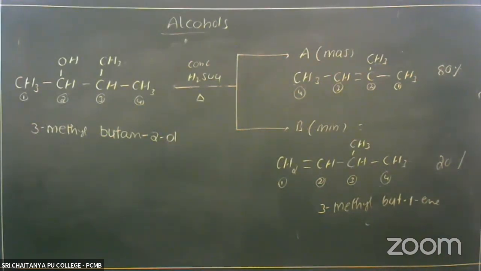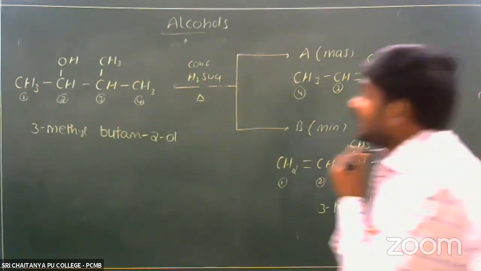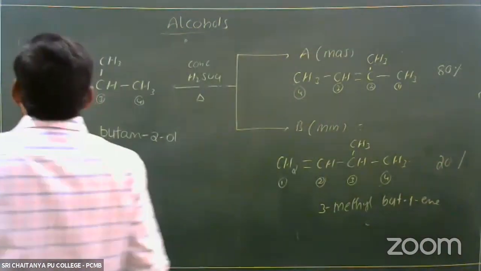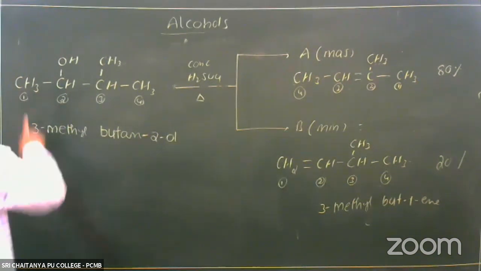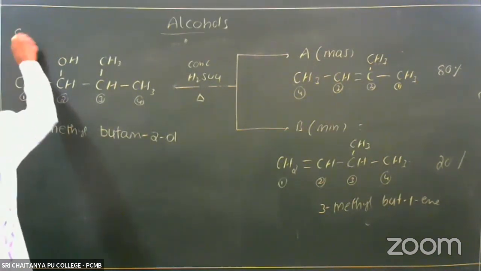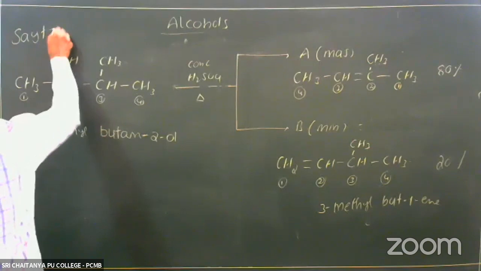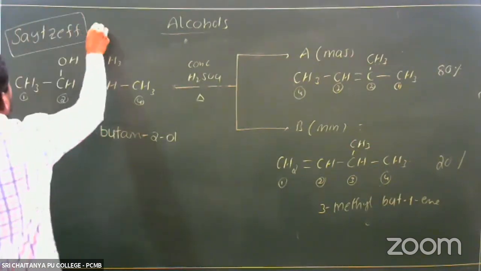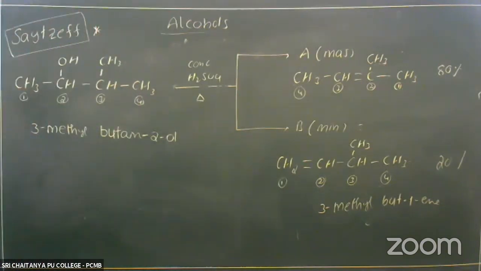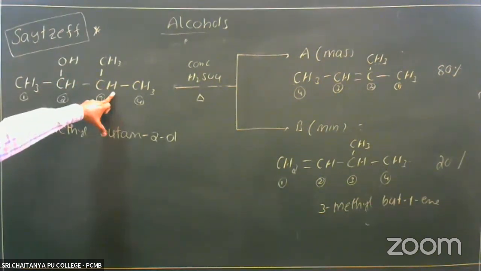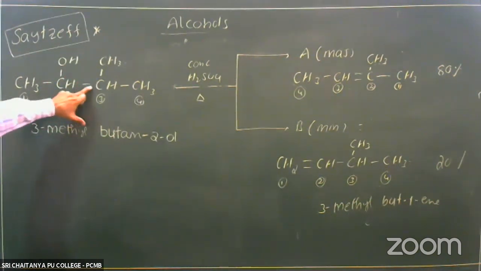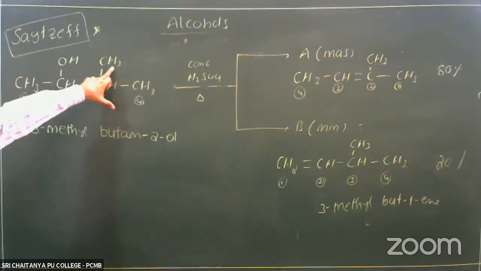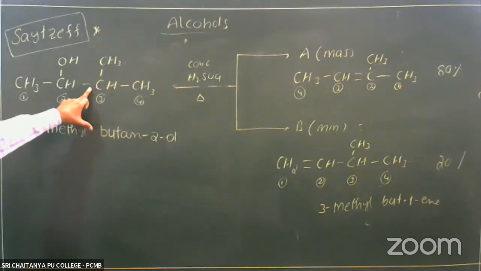So these are the possible compounds. Here the major product forms according to Saytzeff's rule. First write the products. In the first possibility, this OH and this H are involved in dehydration, so a pi bond is formed and 2-methylbut-2-ene is formed.